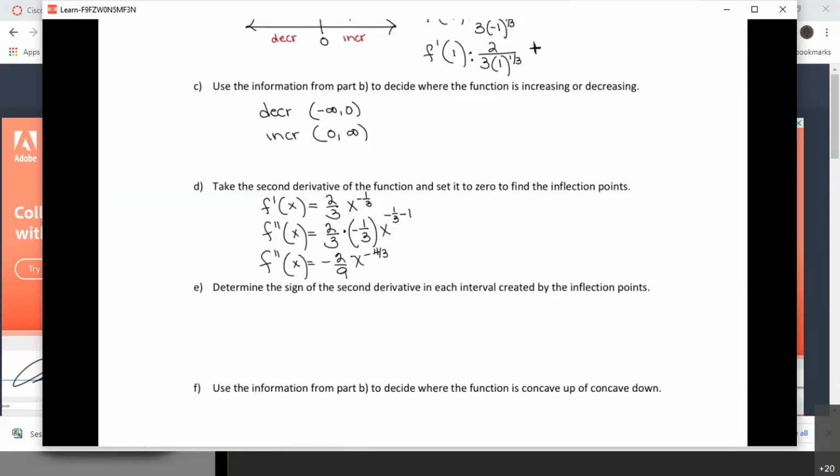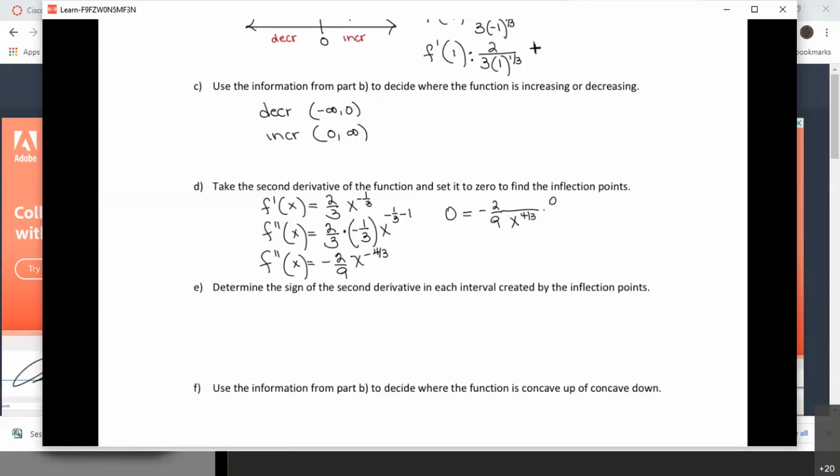And again, there's a possible inflection point here. If I set this to 0, I'm going to have the same problem I had before. Let me rewrite it. There it is down in the denominator because it had a negative exponent.